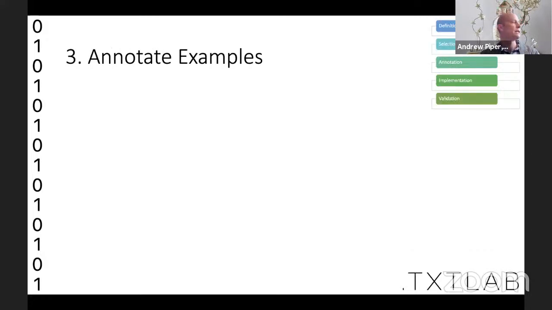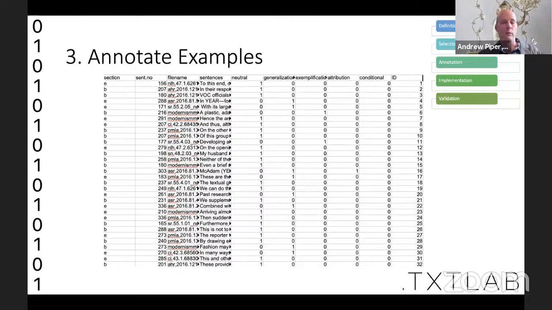The next step is we need to annotate examples of generalization. So that's our data set. And within that data set, we need to begin to identify, as an expert in the field, what is a generalization and where is it happening? And then we need to get confidence that those things we've annotated are quality annotations, are reliable annotations. So what happened?